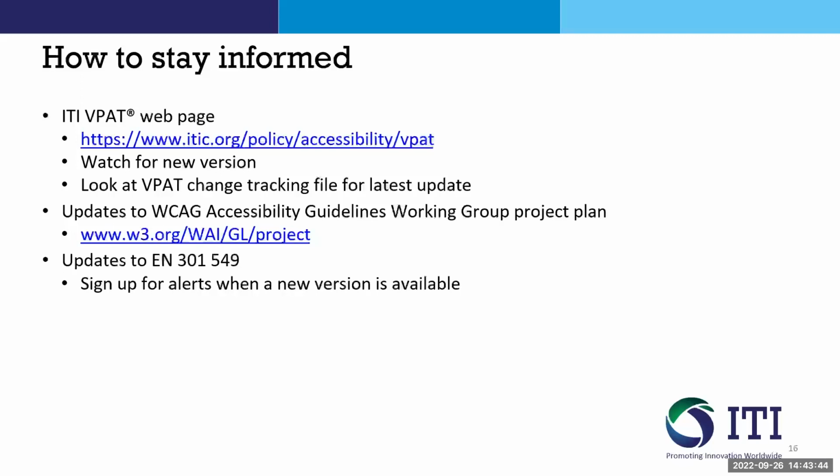There are updates online, of course, for the WCAG Accessibility Guidelines Working Group, found at www.w3.org/WAI/GL/, and you can find updates to EN 301 549.